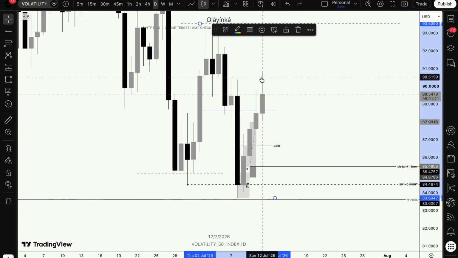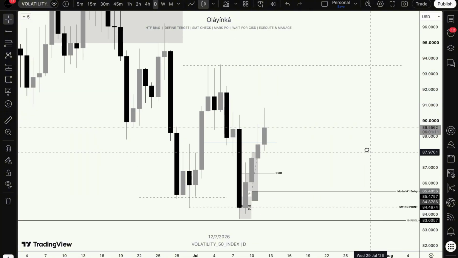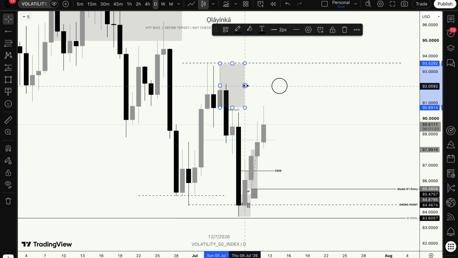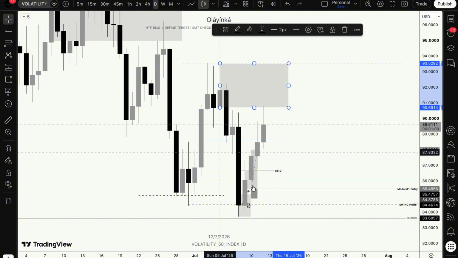If I want to buy, I expect price to go above, maybe probably come to this POI, and go above the equilibrium level, this line, the Fibonacci equilibrium level, that's 0.5.